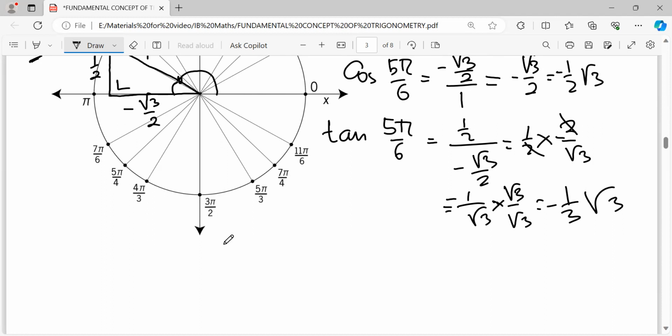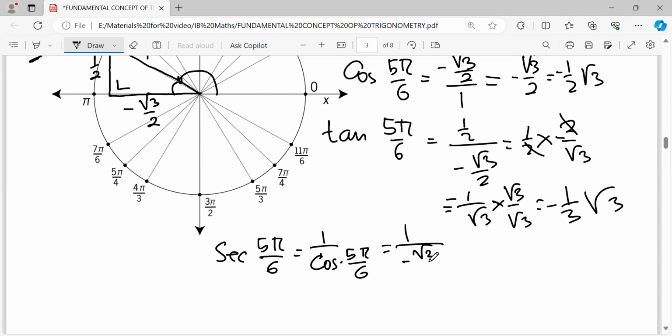Next, secant 5 pi over 6 equals 1 over cosine 5 pi over 6, equals 1 over negative square root 3 over 2, equals negative 2 over square root 3.